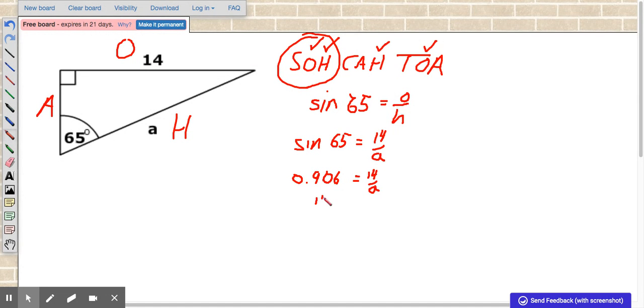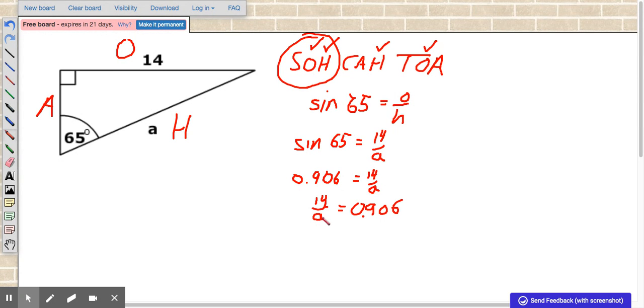So we're going to flip around the equal sign, right? 14 over A equals 0.906. I'm allowed to do that, right? 3 plus 5 is 8 is the same thing as saying 8 equals 3 plus 5, right? You're allowed to flip around an equal sign.